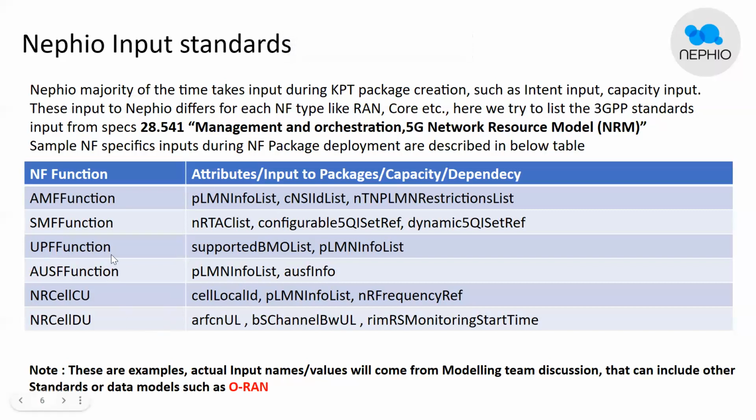This is just an example which I have taken from this particular 3GPP specification, where we provide the standard inputs and attributes for the particular NF functions, right? And the point is we need to define them in one of the ways, whether in this section or another section, but those attributes can be standards. That is what I'm trying to say in this slide.